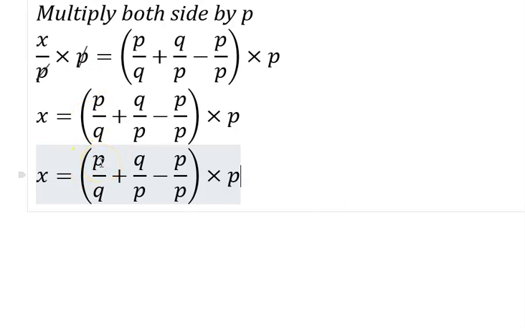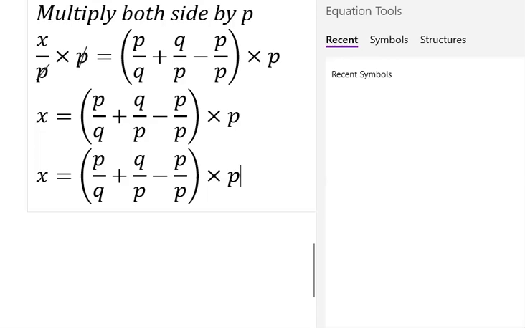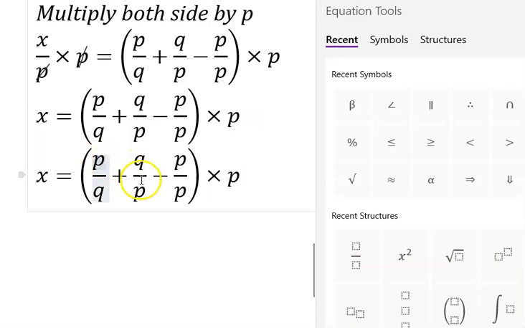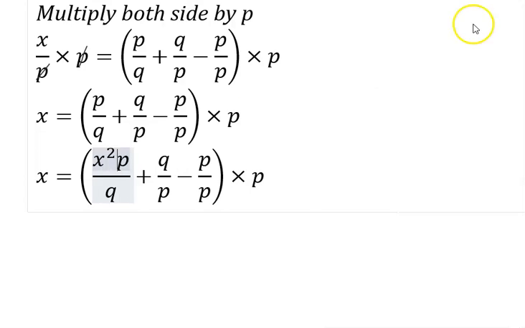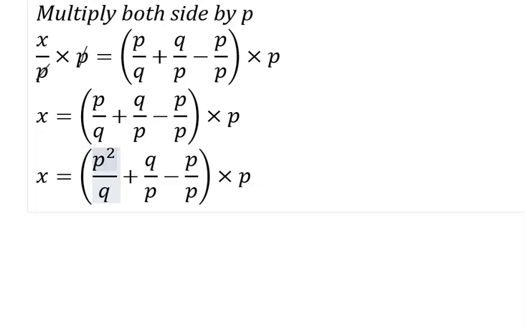This one will change to p squared. Let's get a template for this. Let's quickly do that. Square. Awesome. You say this p multiplied by this q, so I'm changing to pq.